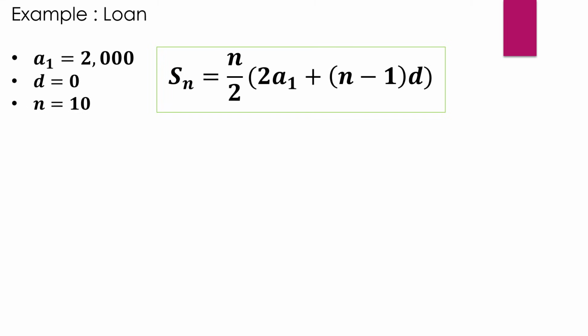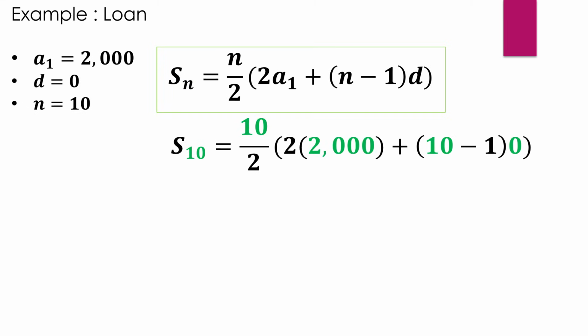To substitute the givens in our formula, n is 10, the first term is 2000, and the common difference is 0. So simplify 10 minus 1 times 0, and 2 times 2000, and 10 divided by 2.